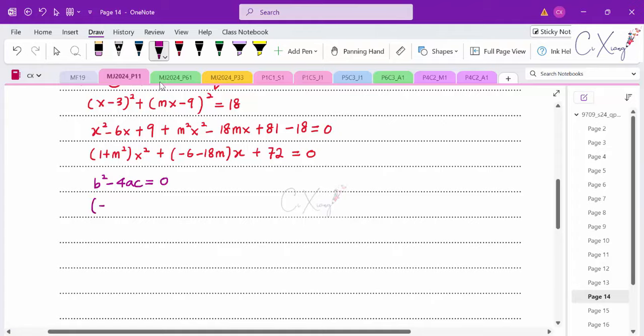So substitute b, negative 6 minus 18m, squared, minus 4, your a is 1 plus m squared and the c is 72. You let it equals to 0. Okay, then again, try to expand all the squares here. Make sure you don't do careless mistakes.